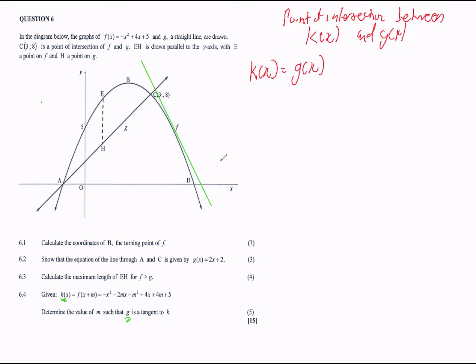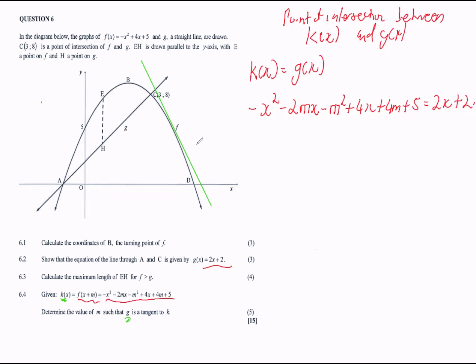But we do know that k of x is actually this, which is that whole expression. So I'm going to have negative x squared minus 2mx minus m squared plus 4x plus 4m plus 5 is equal to what?